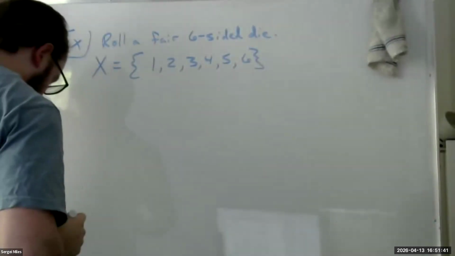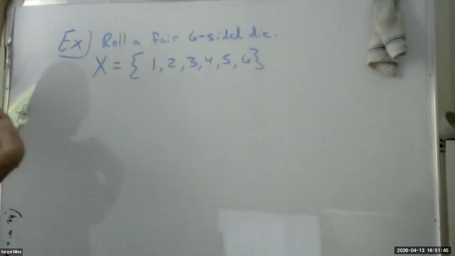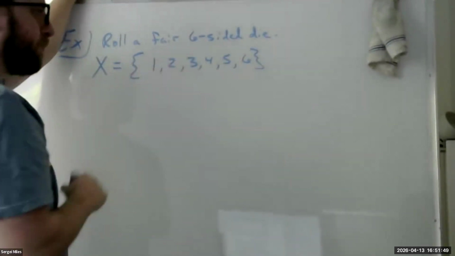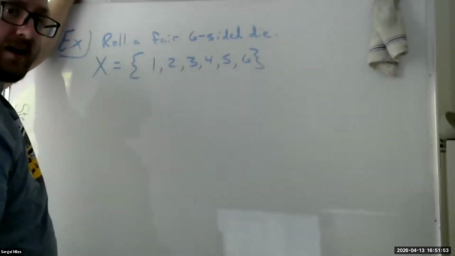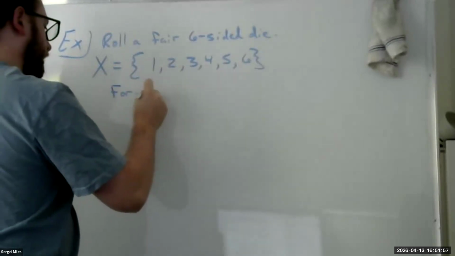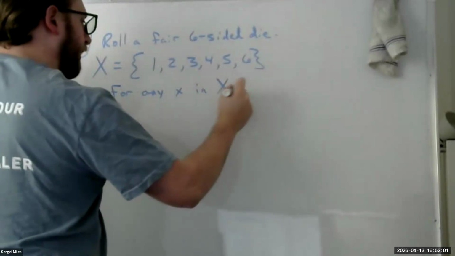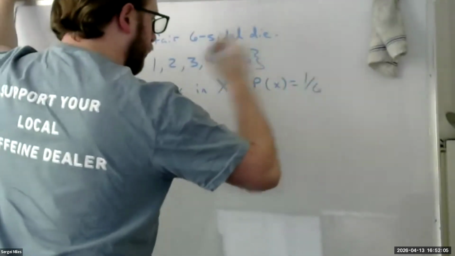And for any one of these, because this is a uniform distribution, this is a uniform random variable where each output is equally likely. Each value of x is equally likely. And so for any little x in capital X, the probability of that little x is 1 over 6.